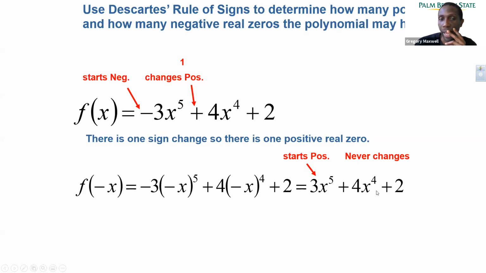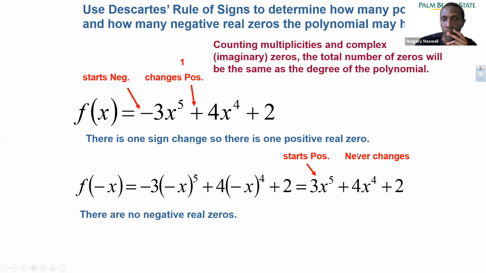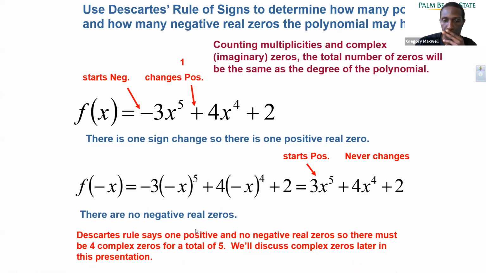So we won't have any negative zeros. You only have a positive 0. Okay? So as a result, we'll only have one positive real number 0 and no negative real number 0. And later on, we'll find out that the other zeros will therefore be complex zeros.